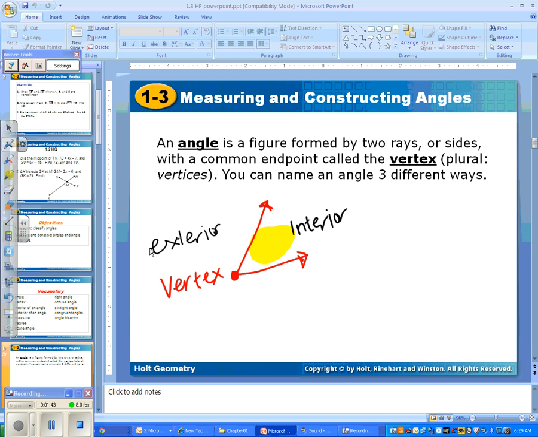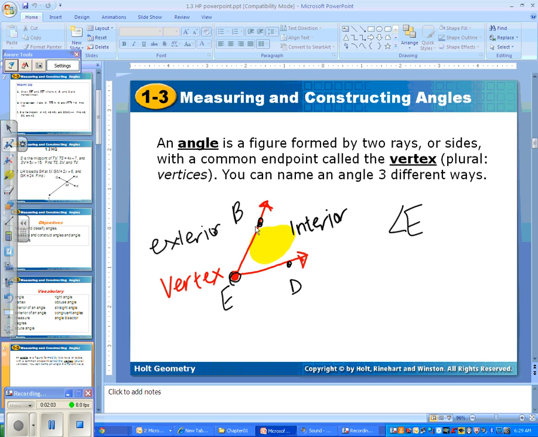Let's see, there's lots of ways you can name an angle. So for example, let's say I gave this vertex here an E, and then let's say there's a point on this ray B, and there's another point over here D. And then, okay, since this is a simplistic angle, you could go ahead and just call it angle E. That's fine. But guess what?